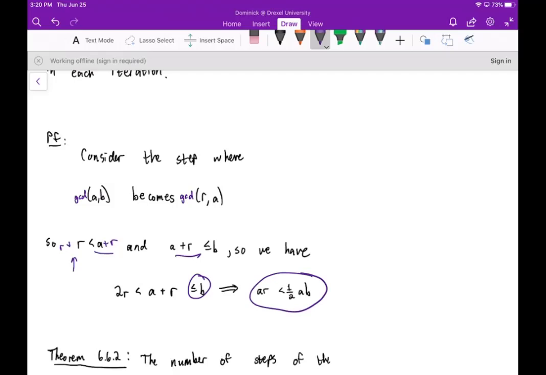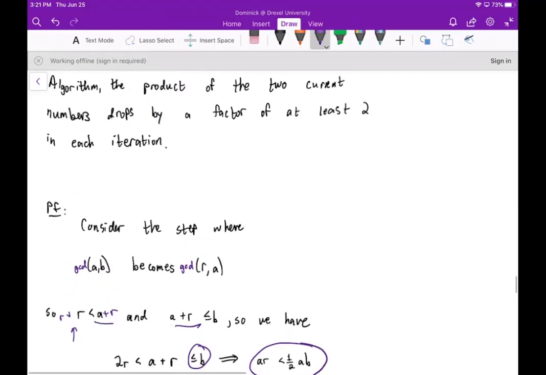So we can see that we're going to decrease by a factor of at least 2 for each iteration.